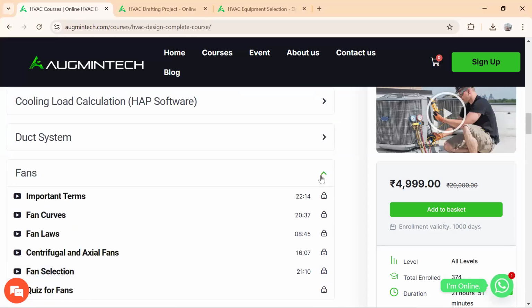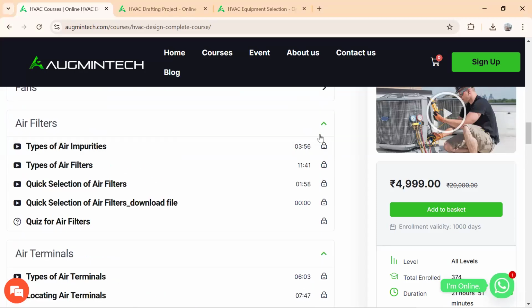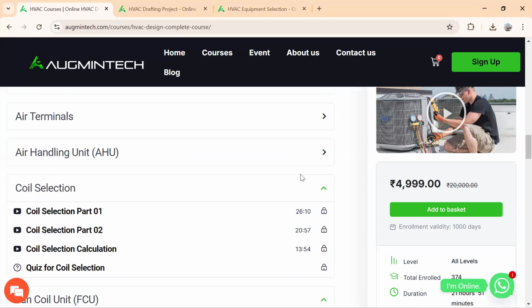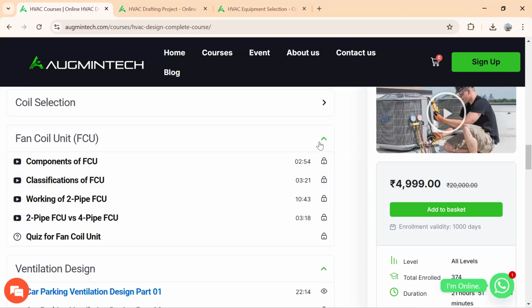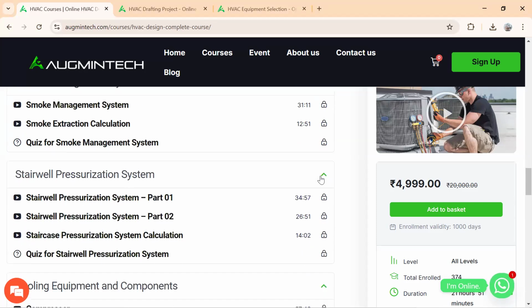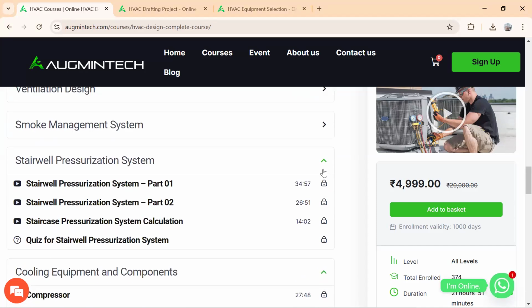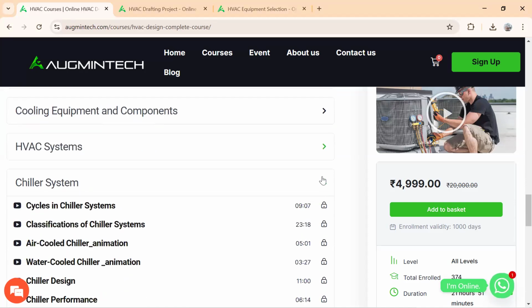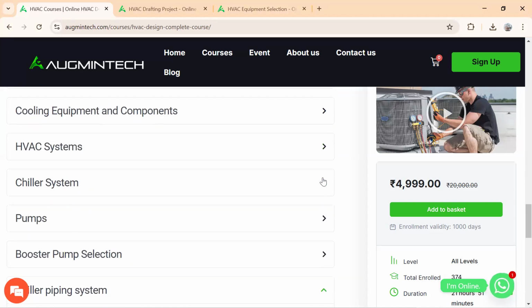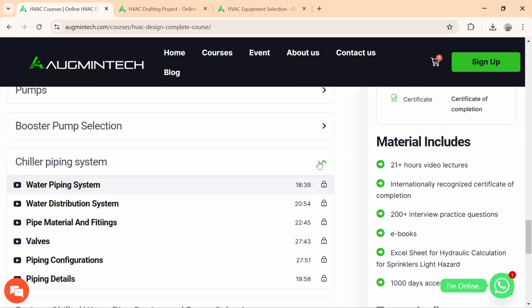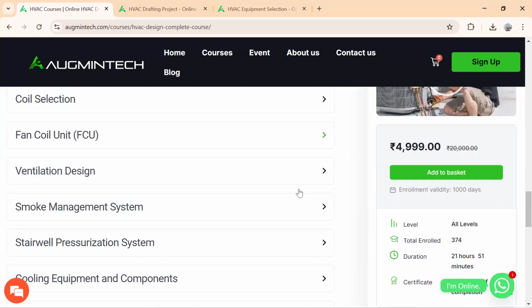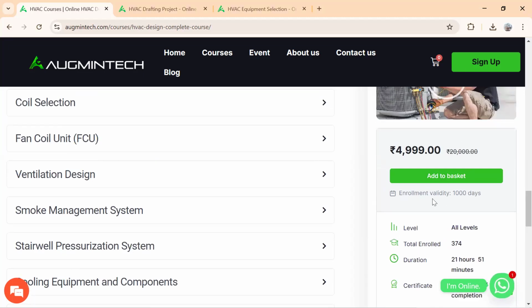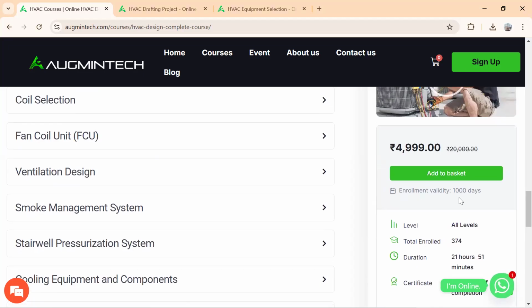See, for the course syllabus, what topics we are going to cover is given here in front of the screen, or you can visit our website augmintech.com, where you can also get the complete detail. Enrollment validity is 1000 days.